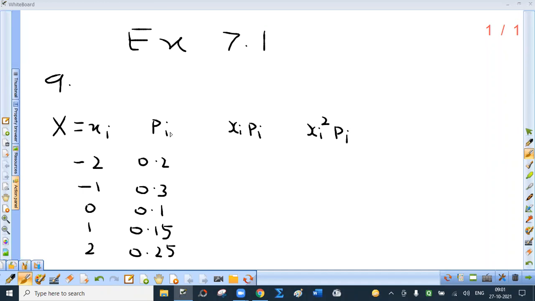Second column, probability. Third column, xi pi. And for variance, we need E of x square. So what will be E of x square? It will be nothing but sigma x square p. Now just multiply this product by xi, you get this. So make the table and tell me the values.